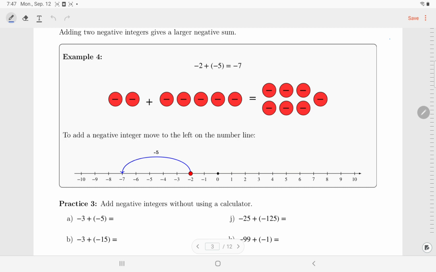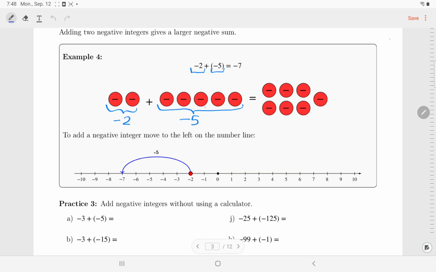Let's look at adding two negative integers. Negative 2 plus negative 5. We will represent each negative number with a red circle. So here we have negative 2 and we're adding negative 5.